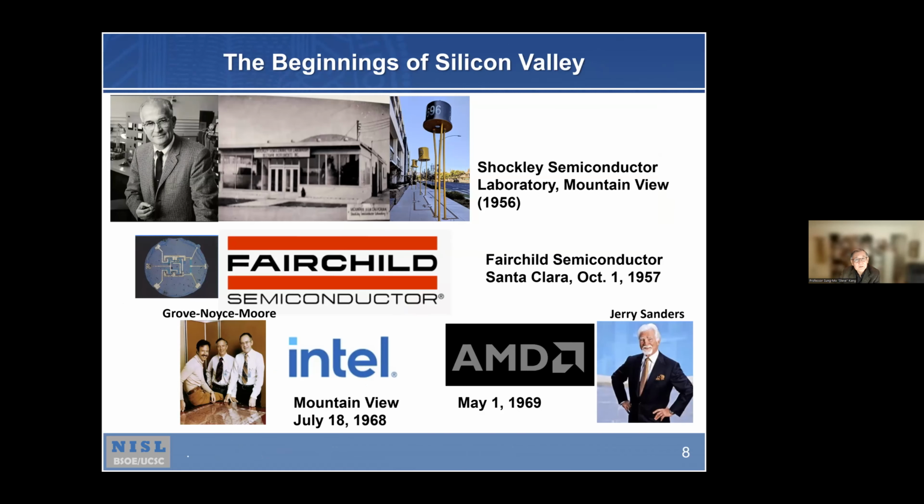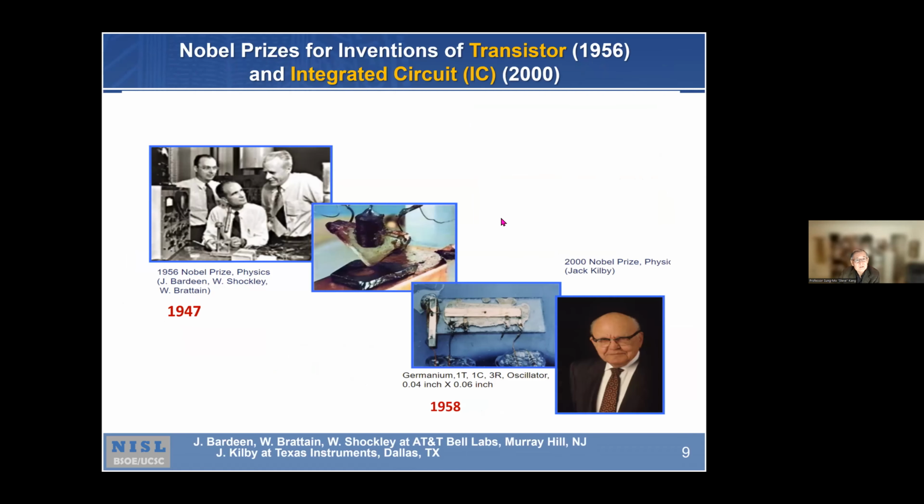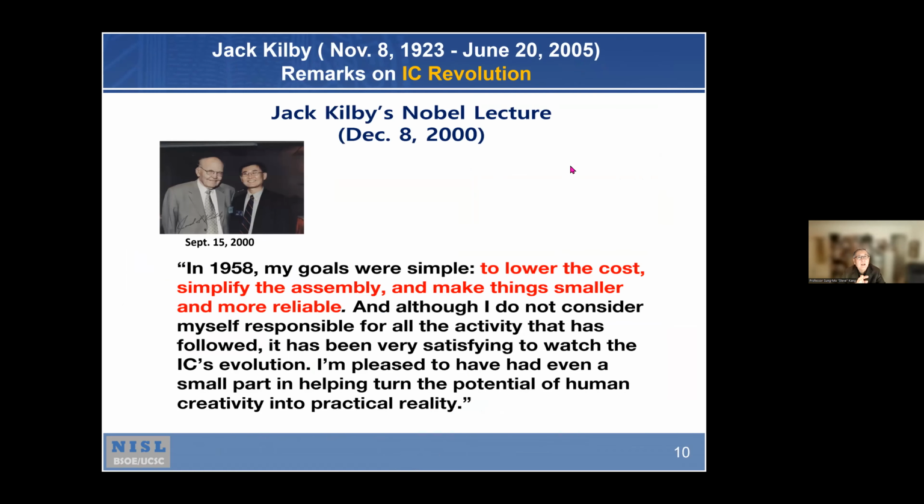And this is the beginning of Silicon Valley, William Shockley's Semiconductor Lab, Fairchild, and thereafter Intel and AMD. This is the Nobel Prize recognition, 1956 for the invention of the transistor, 2000 for the invention of the integrated circuit. Now this is what I am going to emphasize, the importance of the IC revolution, right?